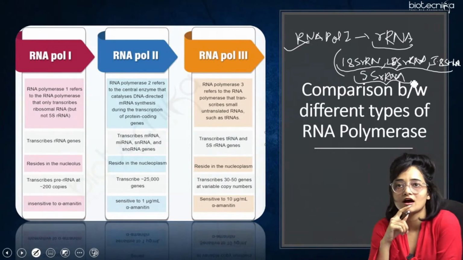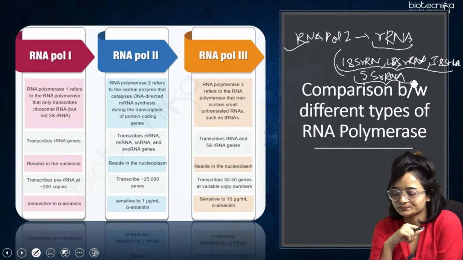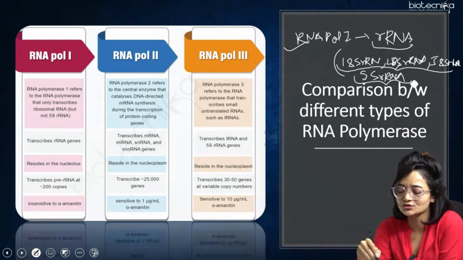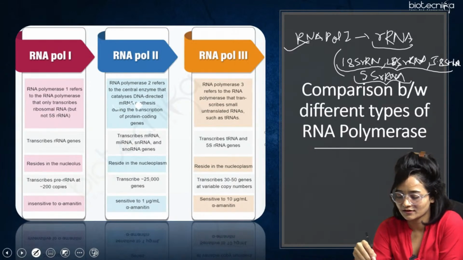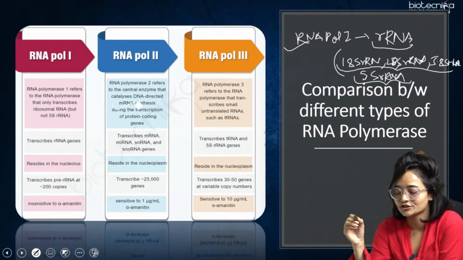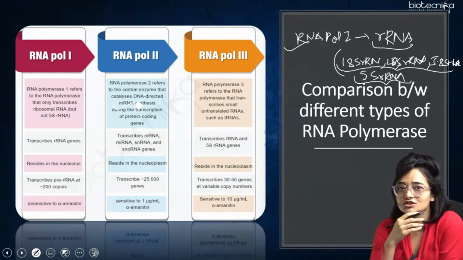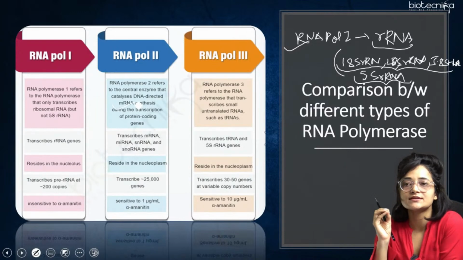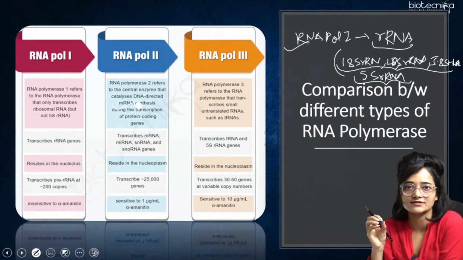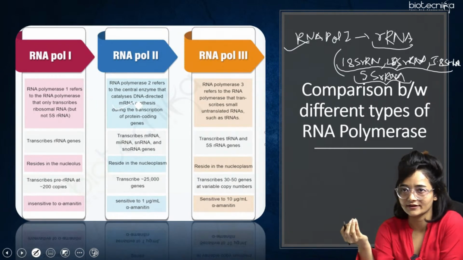Coming to RNA polymerase 2. RNA polymerase 2 is the central enzyme that catalyzes the DNA-directed mRNA synthesis during the transcription of protein coding genes. It is a very important enzyme which is majorly required for the synthesis of mRNA, right?